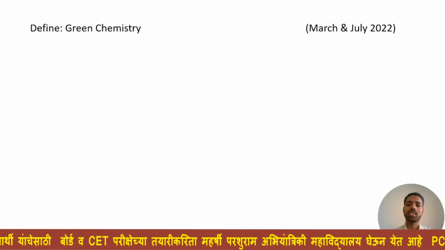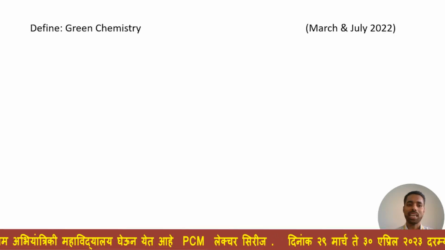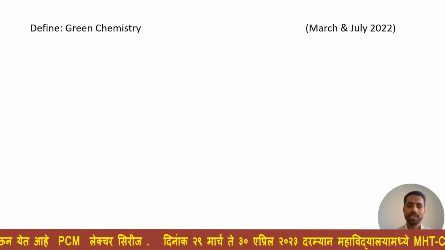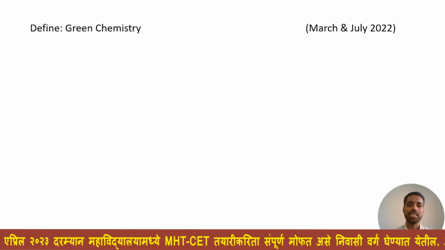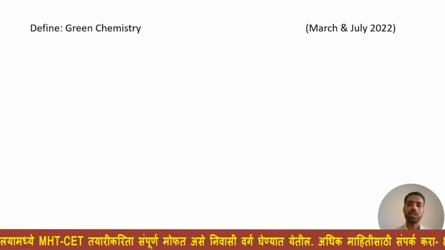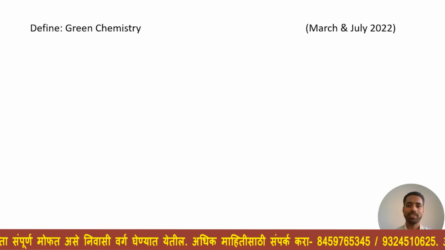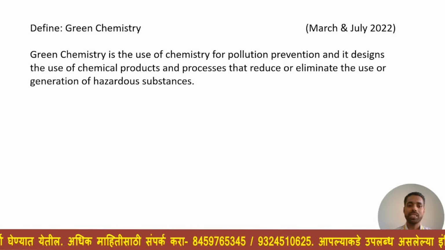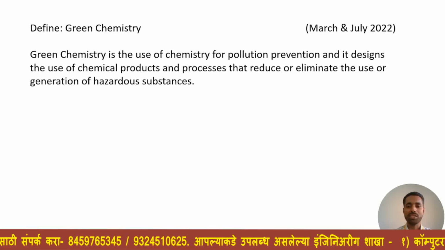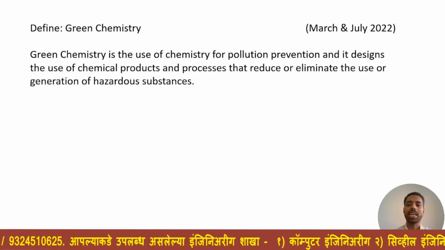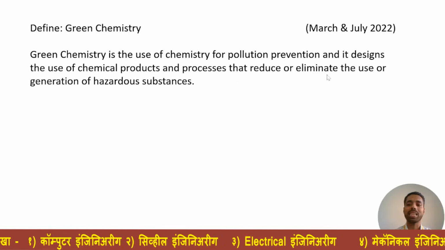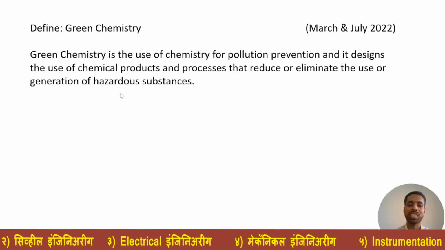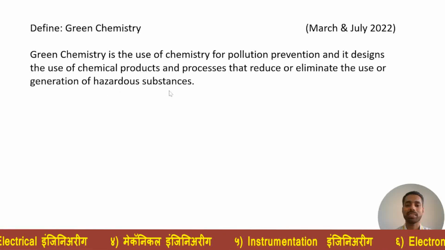The next question was asked twice, in March and July 2022, where they asked the definition of green chemistry. Green chemistry, also called clean chemistry, was a concept first coined by the scientist Paul Anastas. Green chemistry is the use of chemistry for pollution prevention, and it designs chemical products and processes that reduce or eliminate the use or generation of hazardous substances.